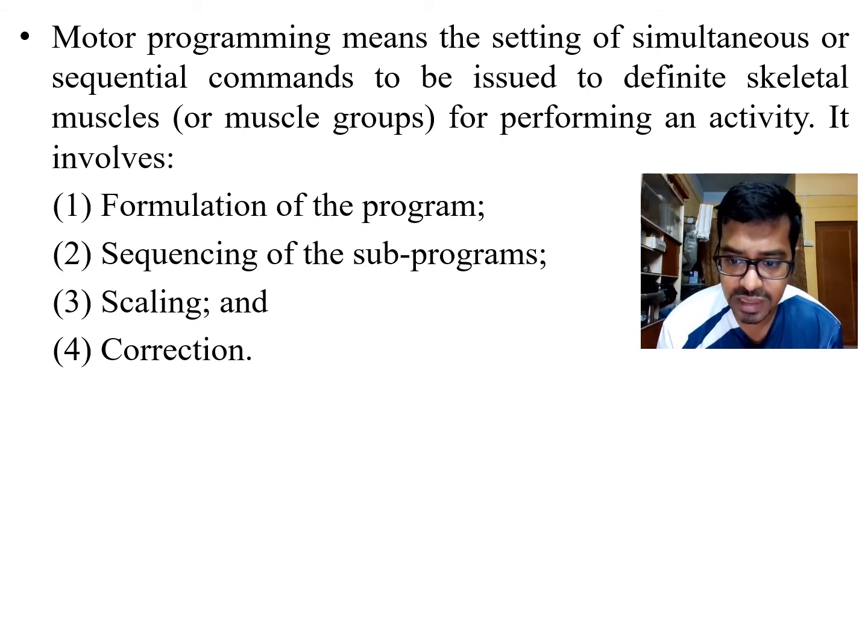Thereafter there will be a scaling, meaning once the program starts executing, there will be certain modifications needed based on the feedback received from the peripheral centers, and the activity needs to be scaled according to such feedback. And if the feedback suggests any correction, there will be a correction of the motor program.